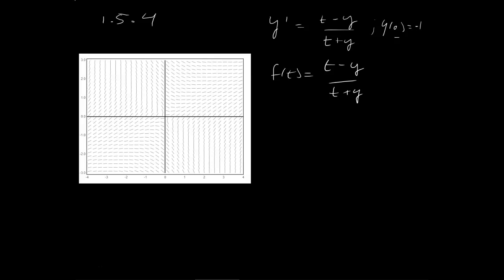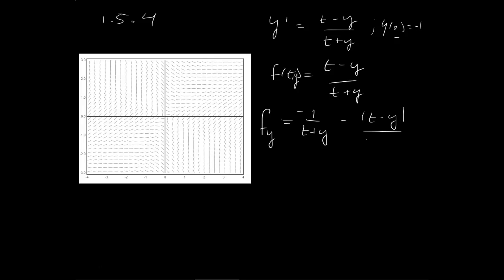Now, what about uniqueness? What about a unique solution? In order to see if it's unique, we need to take a derivative with respect to y. Excuse me, I should have mentioned that this is a function of t and y. The derivative with respect to y here, if you work it through, you would get 1 over (t plus y), and then a negative, and then minus (t minus y) over (t plus y) squared.